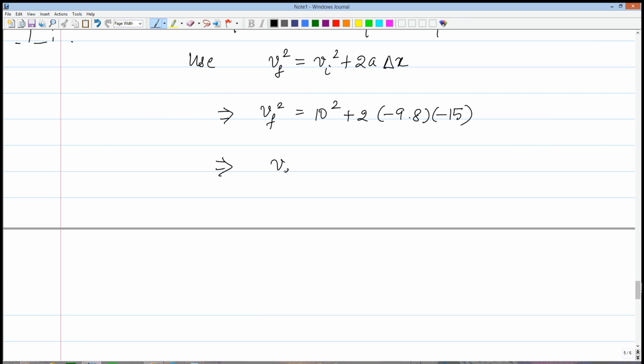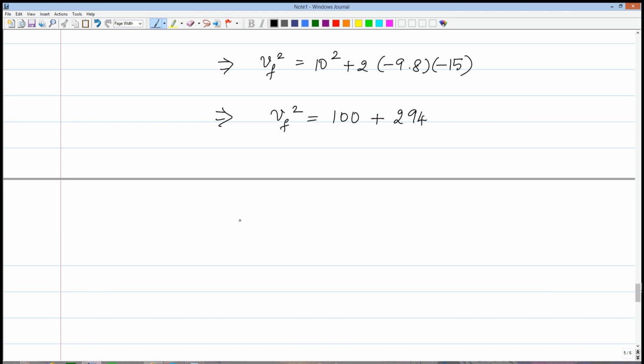This gives us vf squared is equal to 100 plus 30 times 9.8, which is 294. And this in turn tells us that vf squared is equal to 394.